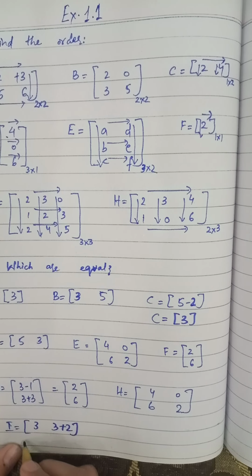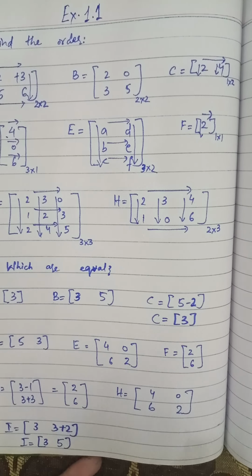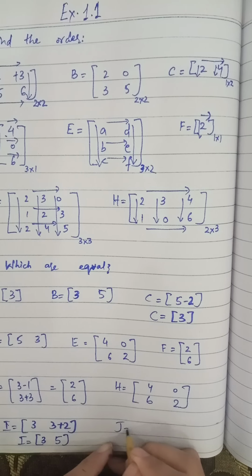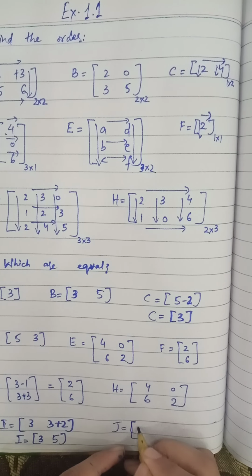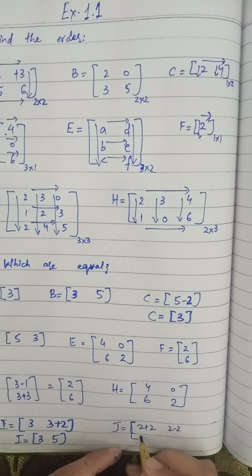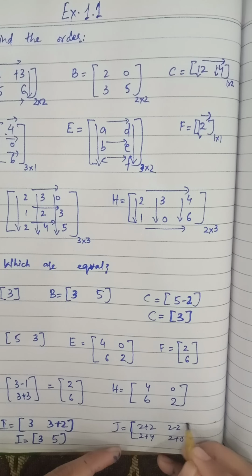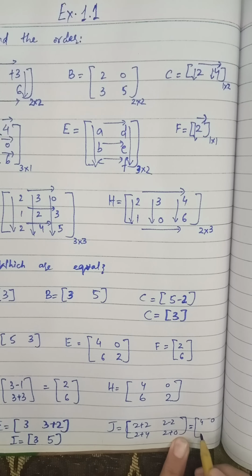If I simplify it, then I would be equal to 3, 5. Then it comes J: 2 plus 2, 2 minus 2, 2 plus 4 and 2 plus 0. If we simplify it, then the matrix would be 4, 0, 6 and 2.